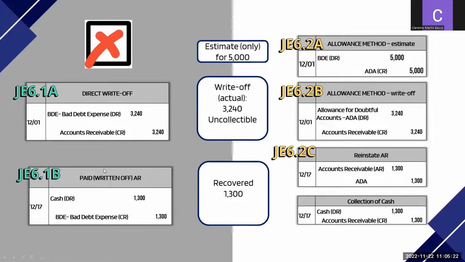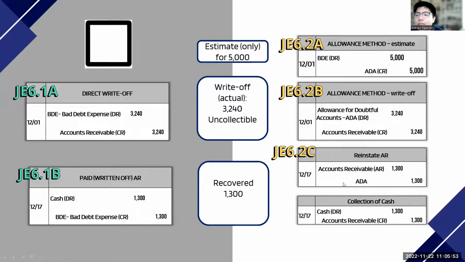Yeah. So, itong scenario, so si 6.1b and si 6.2c refer to the same scenario. So, ano yung scenario? Initially, kala natin deemed uncollectible si account Y at 1,300, right? So, we receive cash from AR that we previously wrote off, right? So, now, when we receive the cash, binabaan lang natin si BDE ng 1,300 kay direct write-off method.